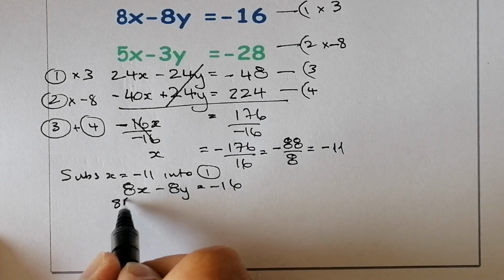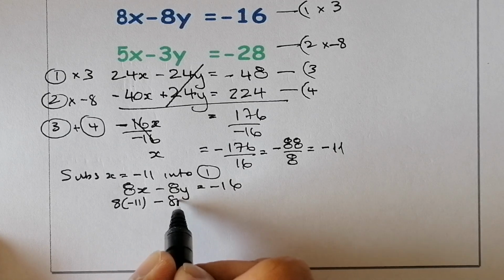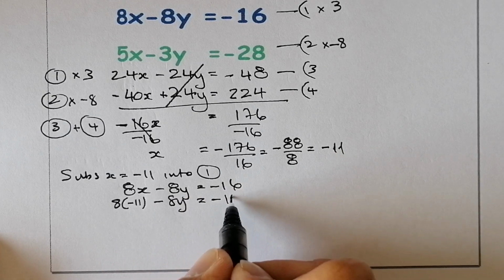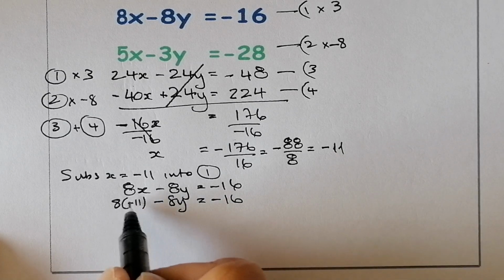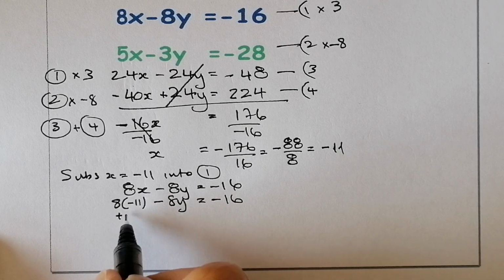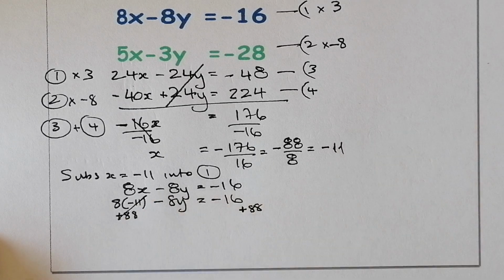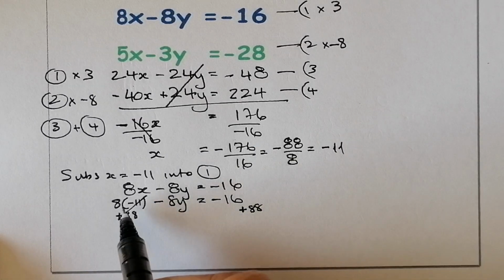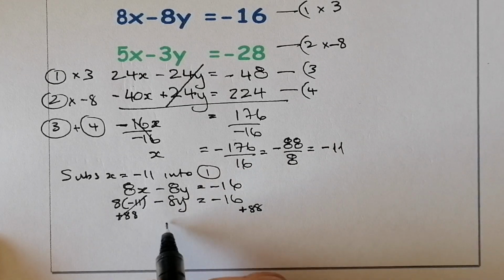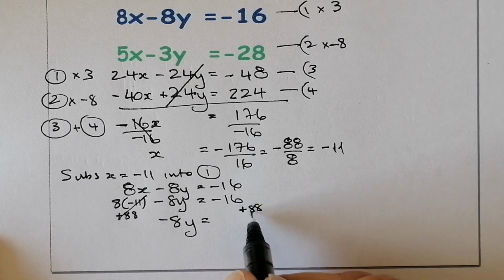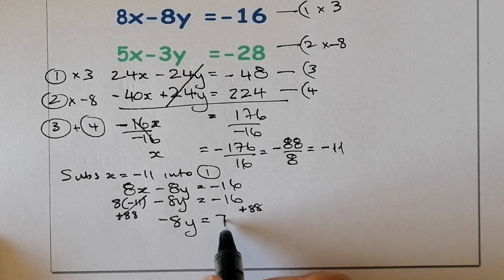So 8 times negative 11 minus 8y equals minus 16. So that there's going to be equal to negative 88 when I multiply that. So I'm going to add 88 to both sides, okay? And what that should do is eliminate that part there, because negative 88 plus 88 is 0. So I'm left with negative 8y is equal to, so if I add these together I get 72.